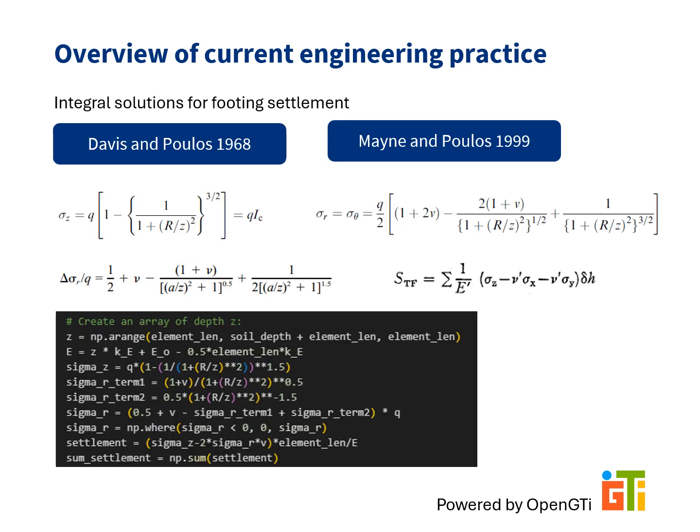Before I demonstrate how to implement double regression to find the closed form equation, I need to mention that integral solutions for the inference factor IG are indeed available, as detailed in the works of Davis and Polos 1968 and Ming and Polos 1999.